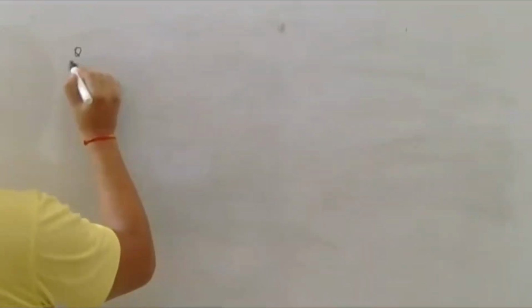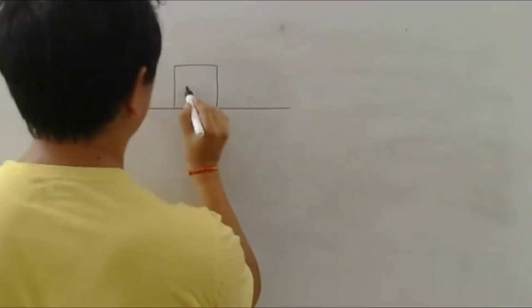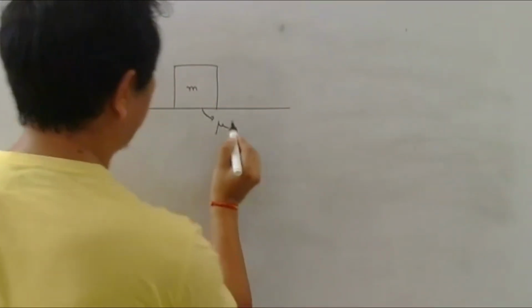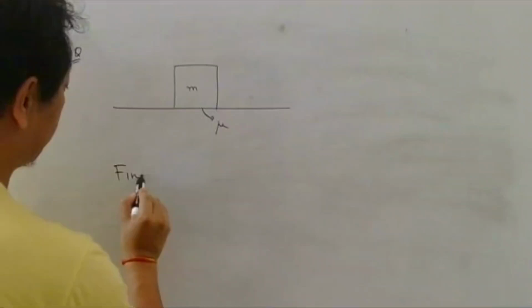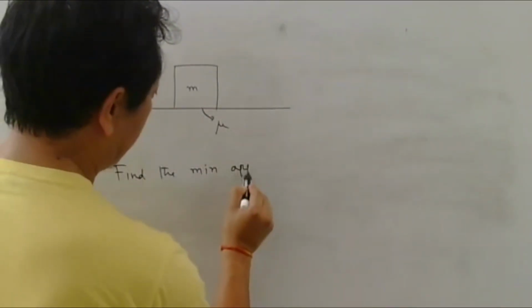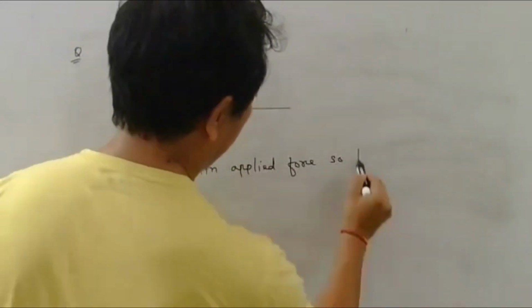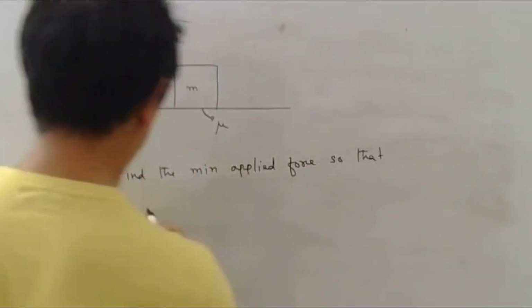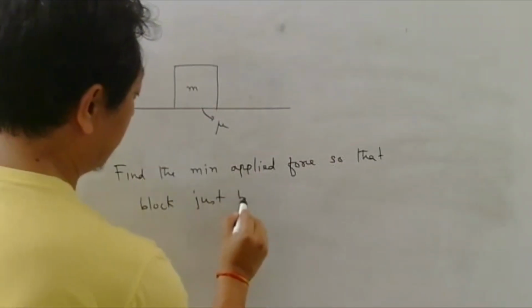Okay. There is a block with mass m, friction coefficient mu, and they will say find the minimum applied force so that the block just begins to slide.